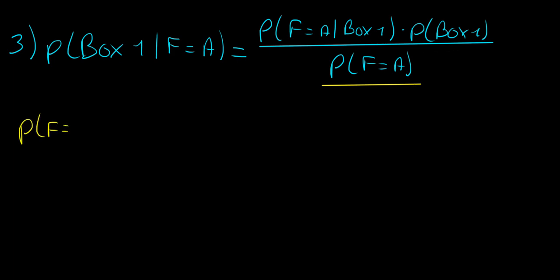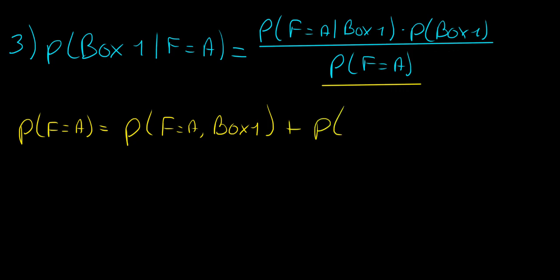What is the probability that we took an apple? Well, this is actually the probability that we took an apple and the probability, joint probability of box 1 plus the probability that we took an apple and the probability of box 2.